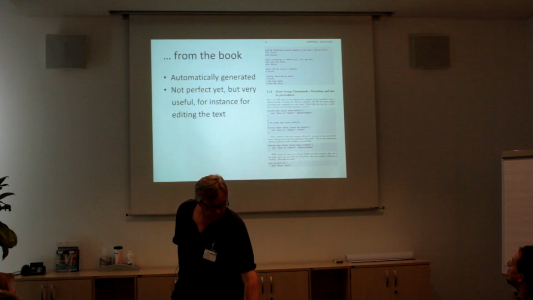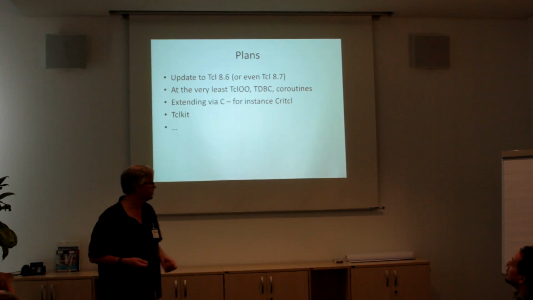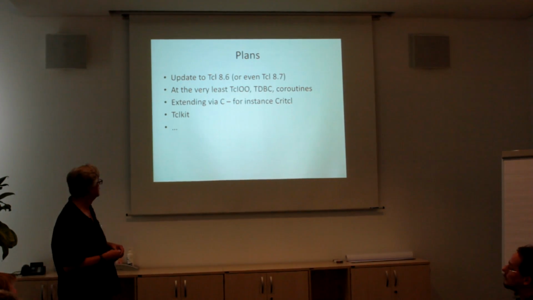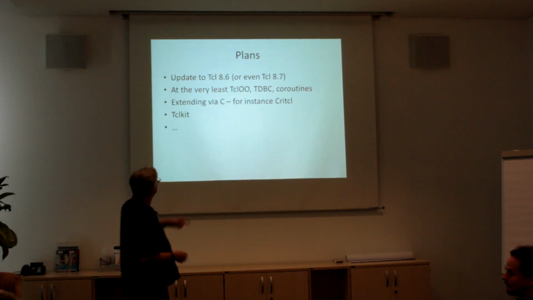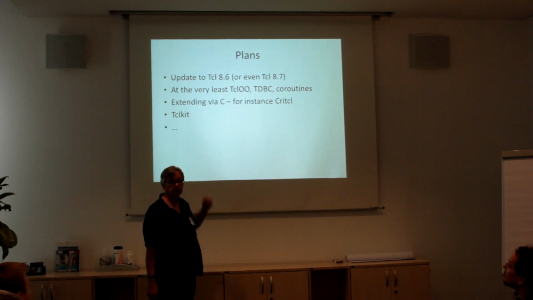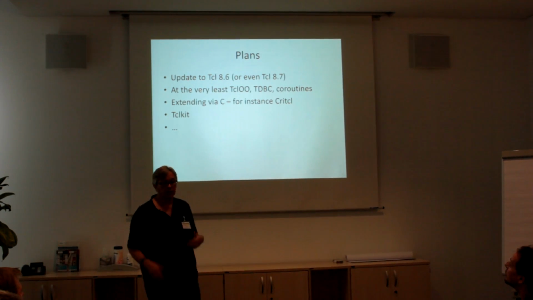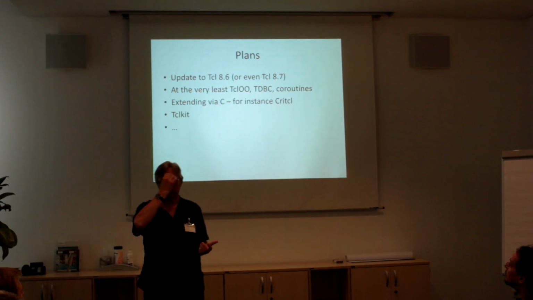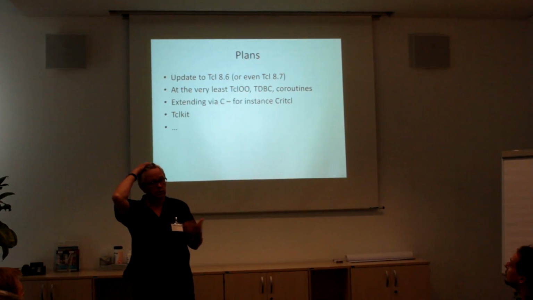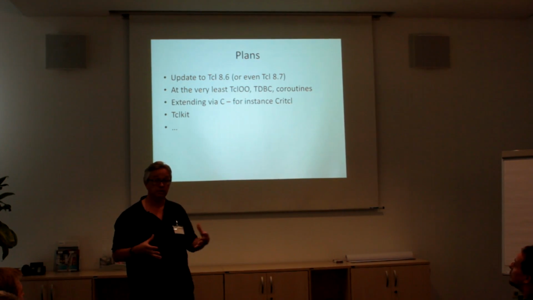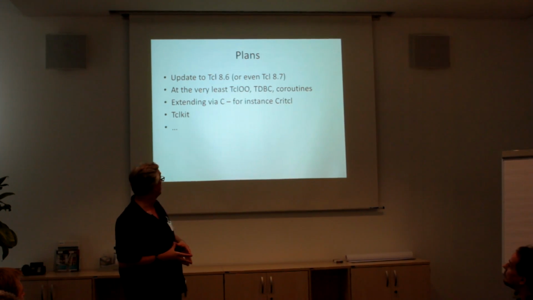So that's at this moment what it's like. I can show you in a moment what it looks like on this website. I want to extend it to 8.6 and even perhaps 8.7. And at the very least, I want to have pages on TclOO, TDBC, coroutines, and you name it. So that's a lot of work, and I hope to engage some of you to help me with this.